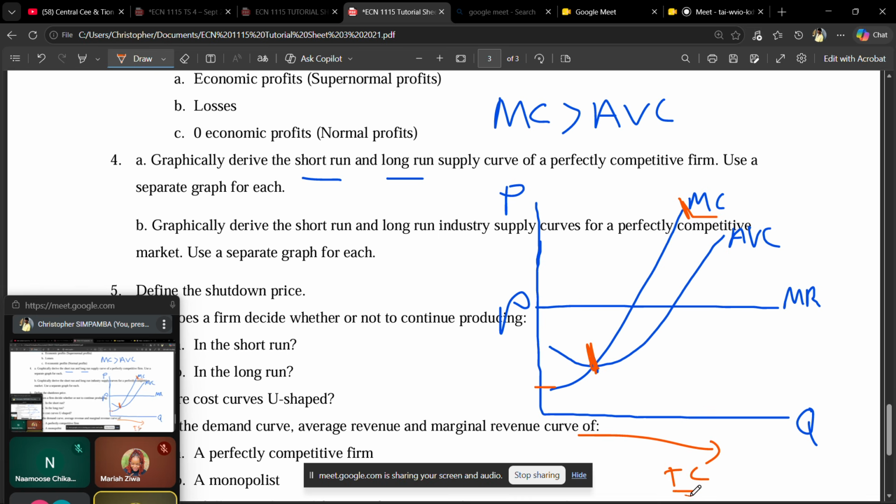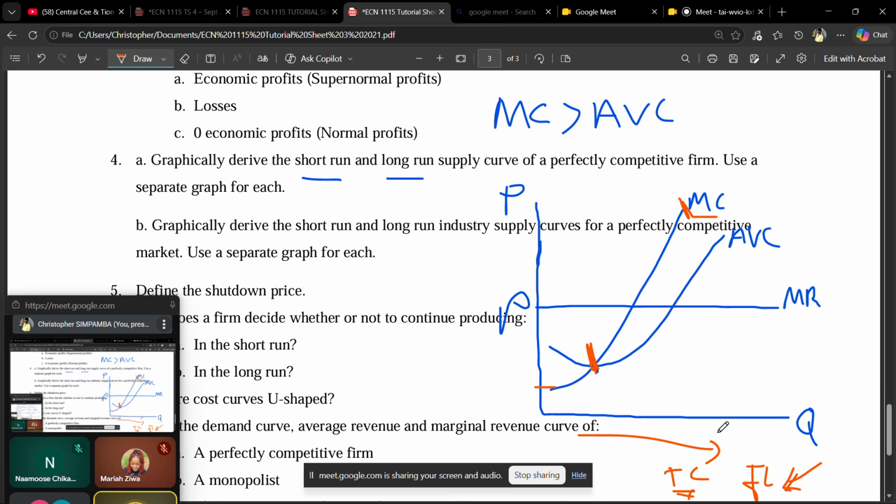In the short run, we have fixed cost, my capital and all those things. The more you add labor to one fixed capital, it will reach a point where labor becomes inefficient.